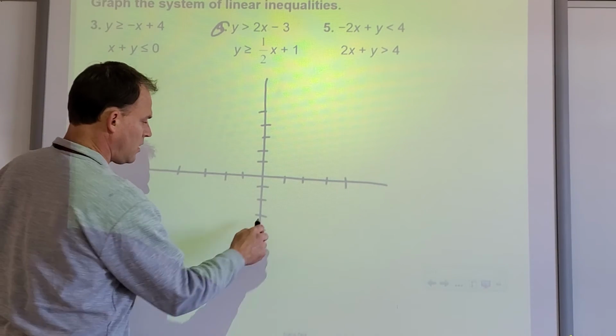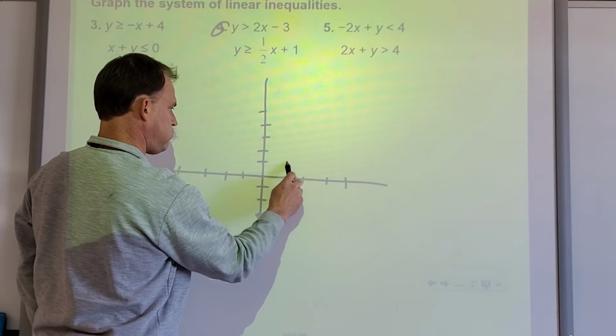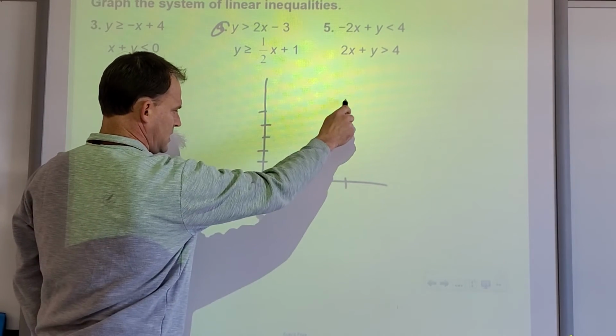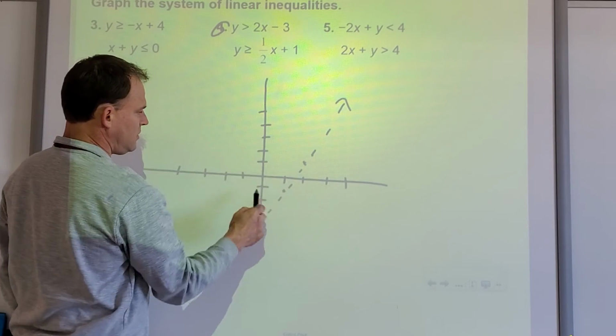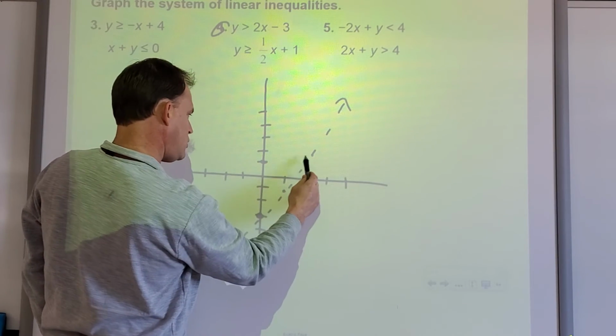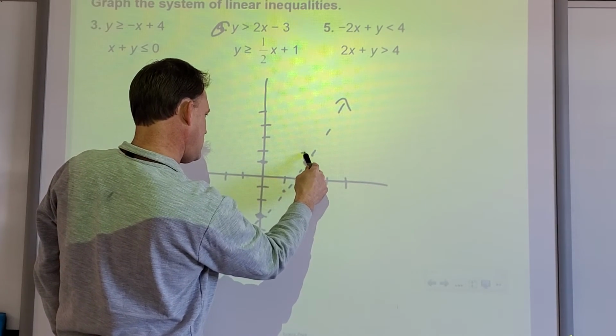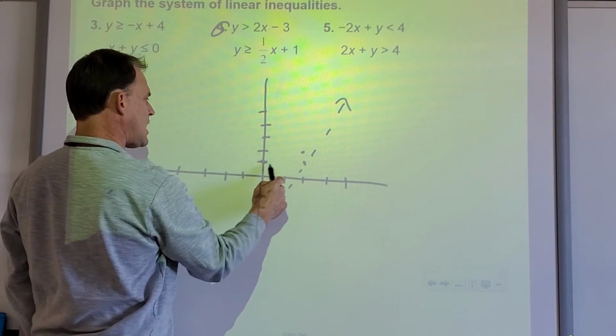So let's work through it. +2 slope. Dotted line. +1. Up 1, right 2. Solid line.